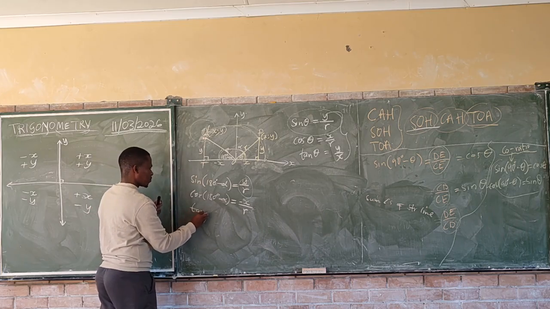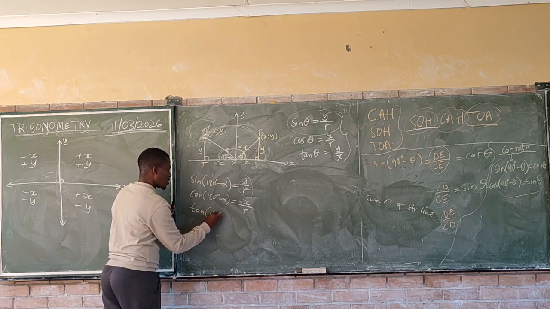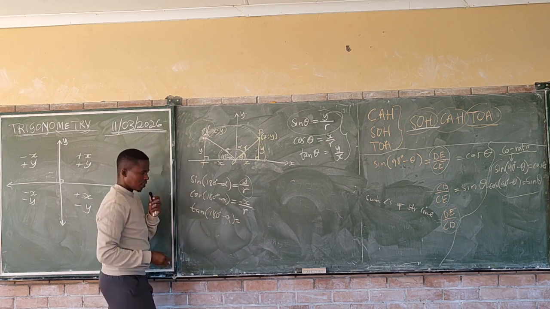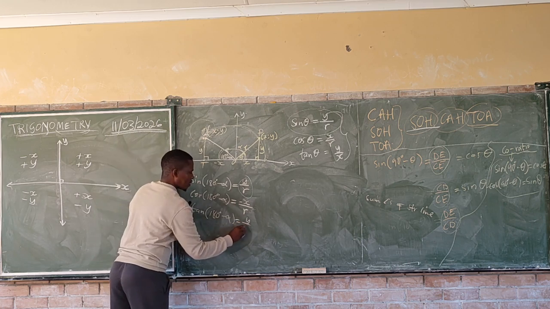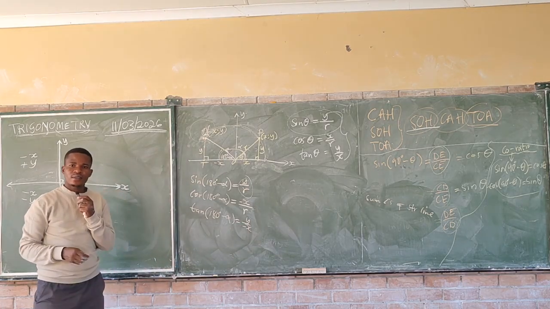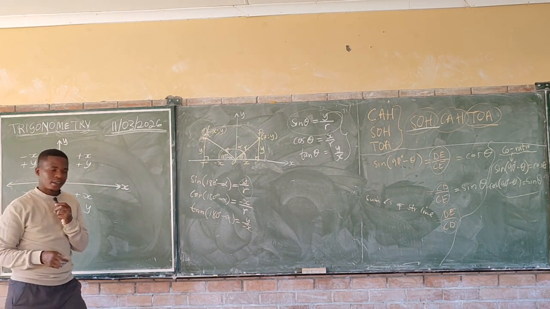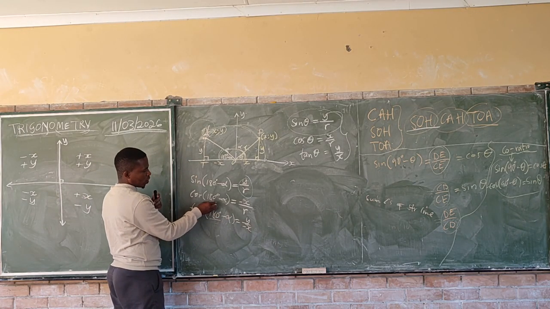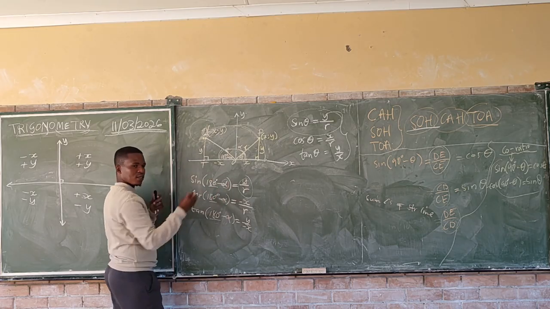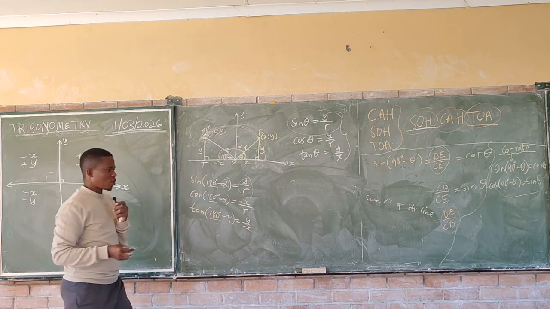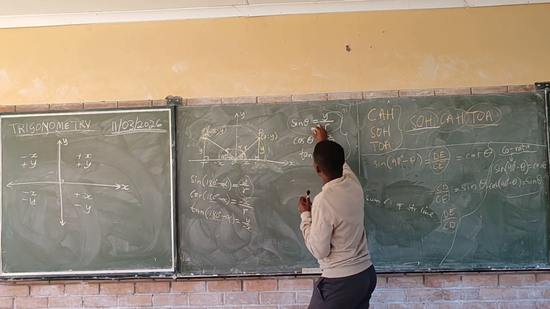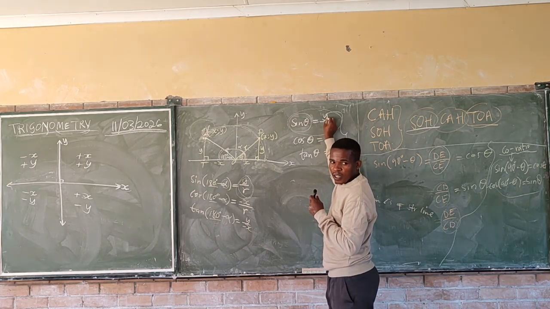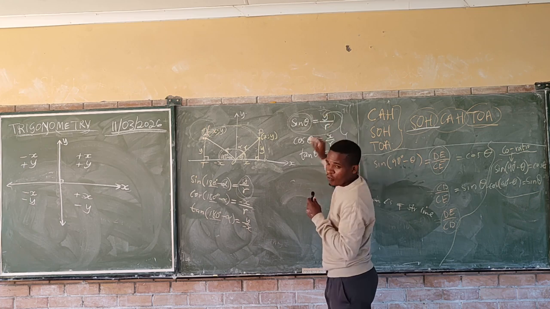Tan of 180 degrees minus alpha. What are you going to get? Y over negative x. Can you see that? So what is remaining is that I'm going to pick out my angle again, because now you can see that this is the same as when I'm in the first quadrant saying sine of the angle equals y over r.